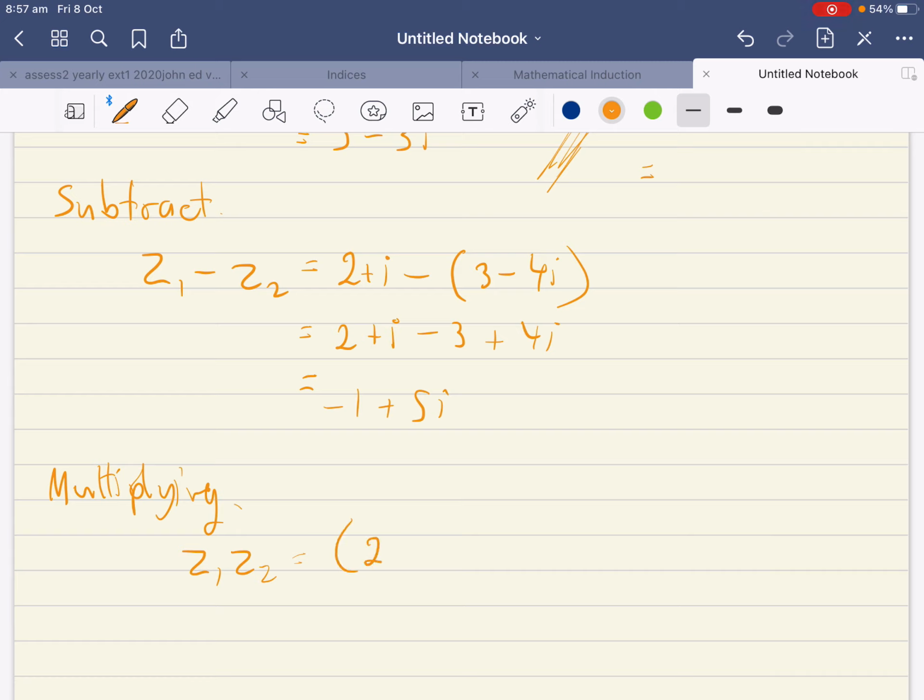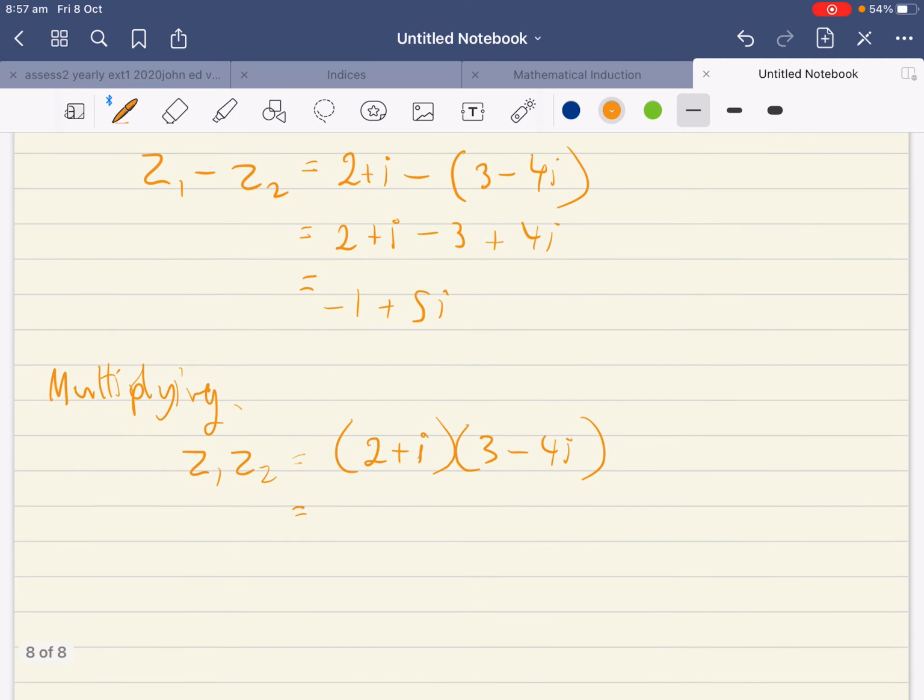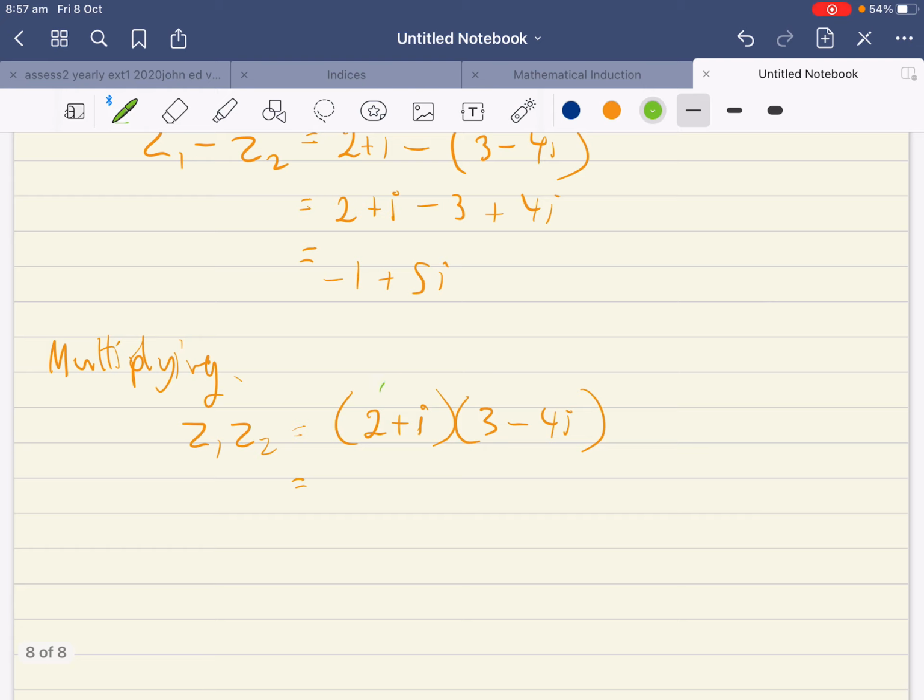So here you've got 2 plus i all times by 3 minus 4i. In this case, you just expand it just like normal. Use your FOIL or whatever method you normally use. Just pretend you're in advanced maths or year 10 even, and just go ahead and multiply.